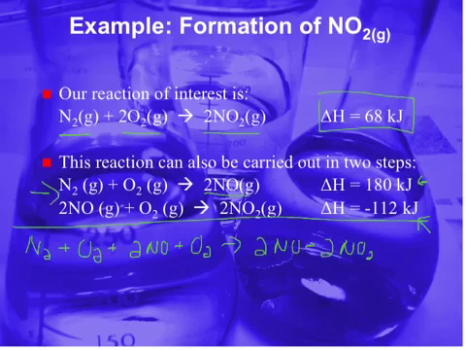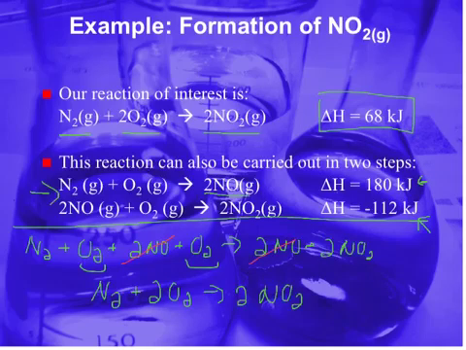Notice that there's 2 NOs on the reactant side and 2 NOs on the product side. Therefore, we can cancel it out. We can also sum up the like terms to give us N2 plus 2O2 yields 2 nitrogen dioxide.